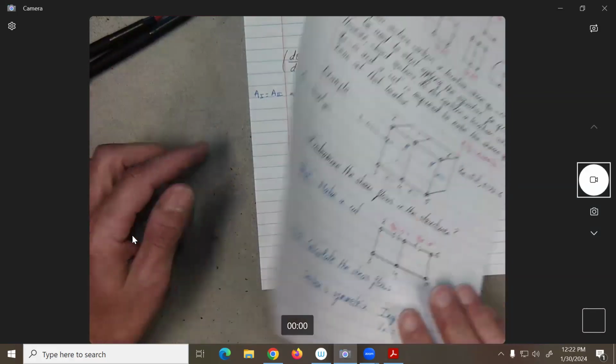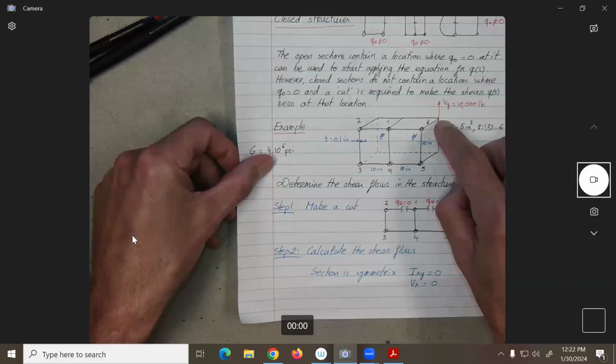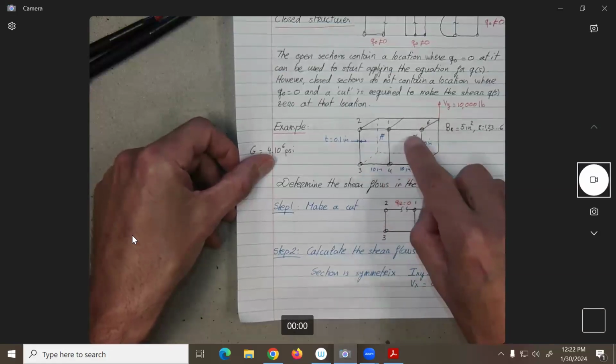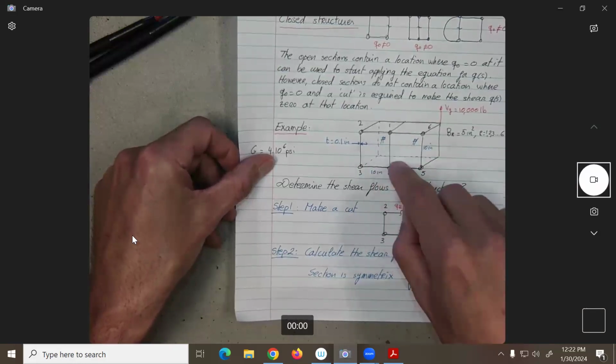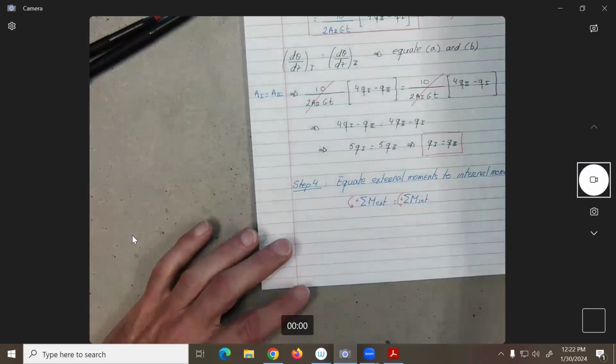All right. The moment created by this external force should be equal to the moment created by all the shear forces inside the structure to resist the external moment, no? Does that make sense or not? Yeah, okay.